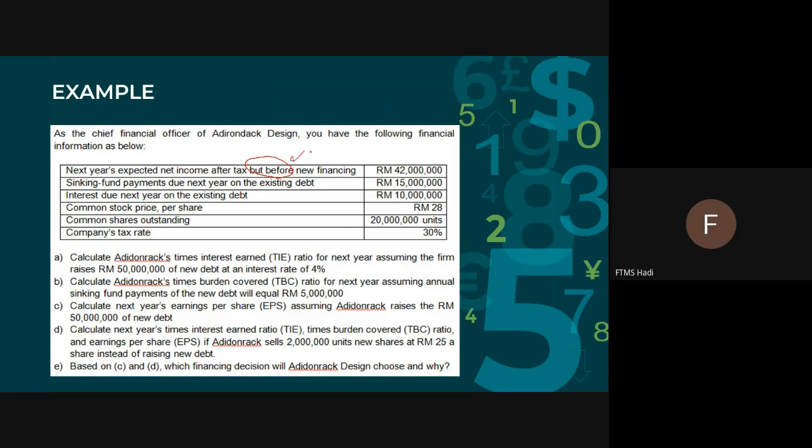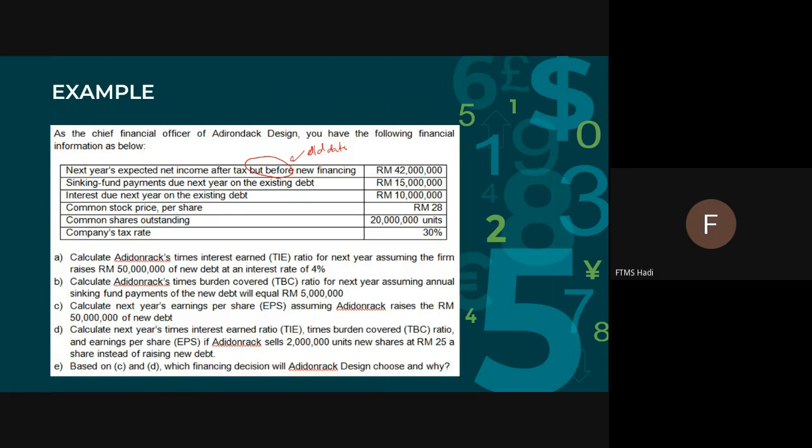Okay, we're talking about old data. That means before they go for additional loans or additional shares, this is the amount of expected net income after tax. The second one, sinking fund payments due next year on the existing debt. Here they need to allocate some money to pay the future loans.